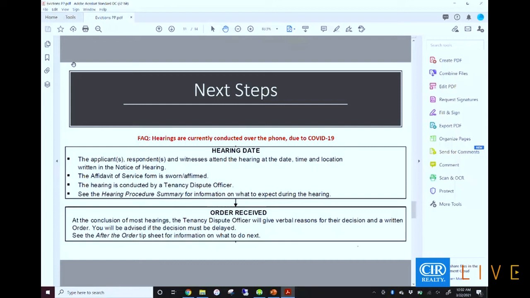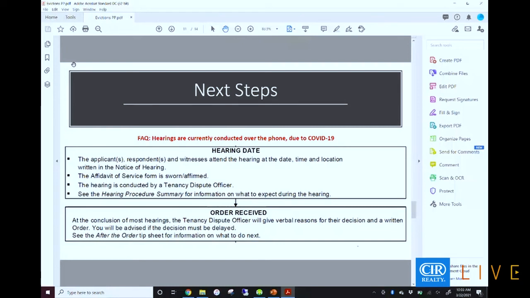So typically in most cases, they will speak to the landlord first, and then the tenant can do a rebuttal. And then typically the officer will ask some questions here and there, and then they will have an order done. So they will say, okay, you need to be out, or there's a conditional order, and the tenancy dispute officer will give verbal reasons as to why they have chosen this decision.